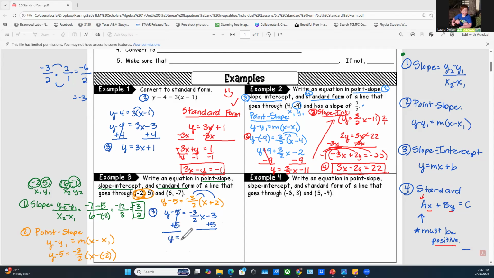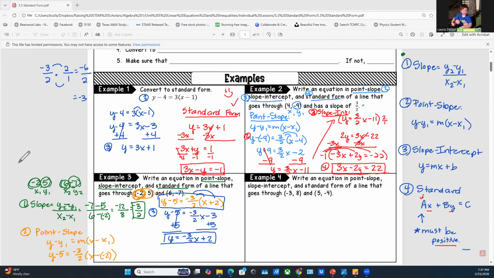And we get y equals negative 3 halves x. Negative 3 plus 5 is plus 2. Okay, now that's our slope-intercept form. Yay, so we got that. So that's our equation here. Got this one, we got this one. We just need one more.